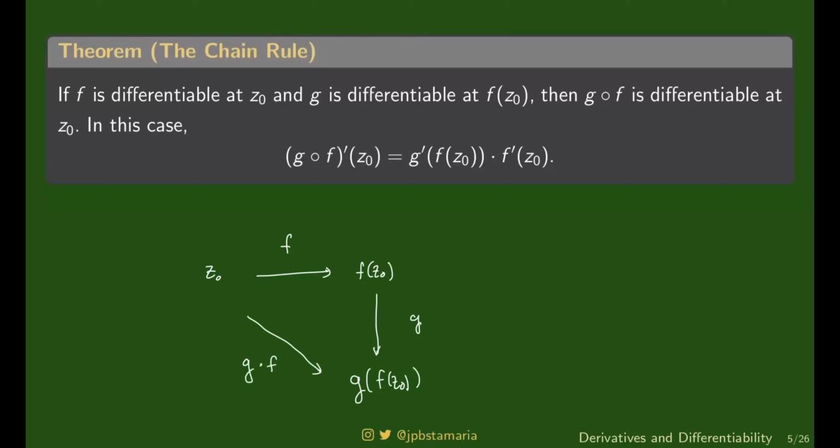Sabi nito, kung ito daw ay differentiable sa z naught, kung si g ay differentiable sa f of z naught, anong meron? Yung composition na ito ay differentiable sa z naught. In fact, yung derivative ng g circle f at z naught, kasi nga differentiable, so that may derivative, is just the product of the derivatives of g at here and the derivative of f at z naught. So you always think about this diagram para maalala niyo yung chain rule.